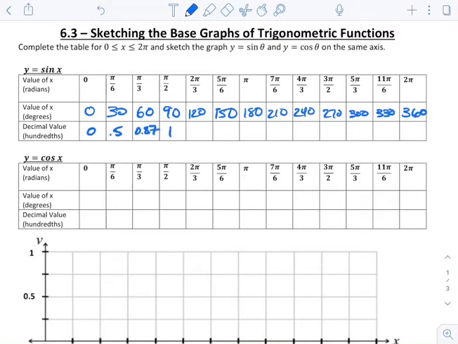Sine 90, we get 1, and then it goes back in the opposite direction, 0.87, 0.5, back to 0, and then it goes down on the negative side, negative 0.5, negative 0.87, negative 1, back to negative 0.87, negative 0.5, and back to 0.